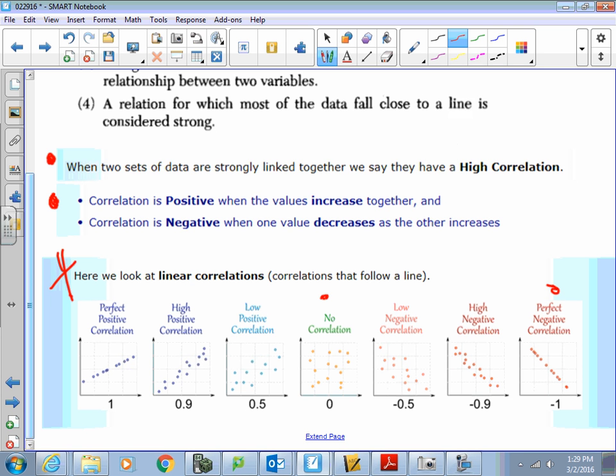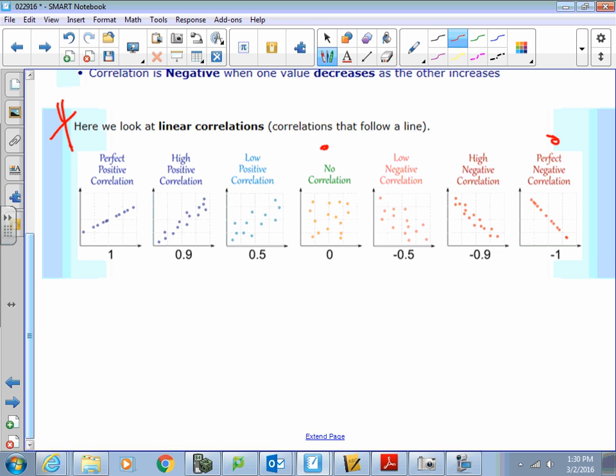So an example of positive correlation, or maybe high or perfect positive correlation, is, let's look at this. Let's just say the X is calories in.